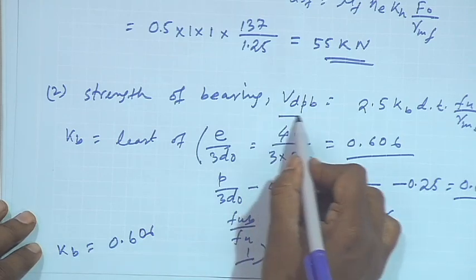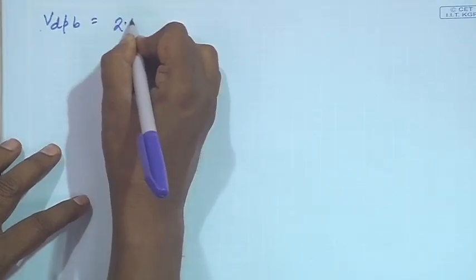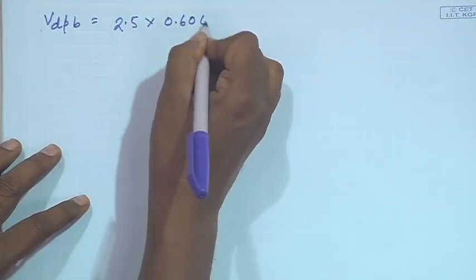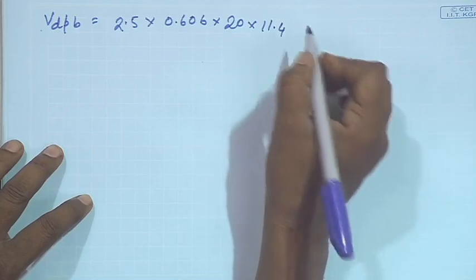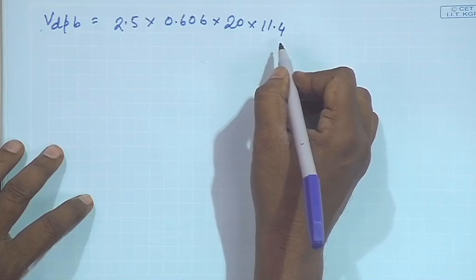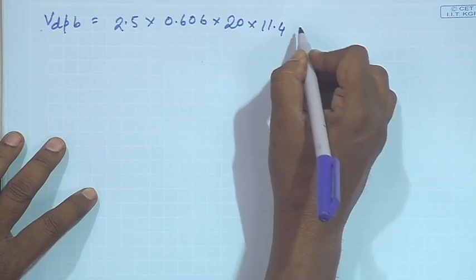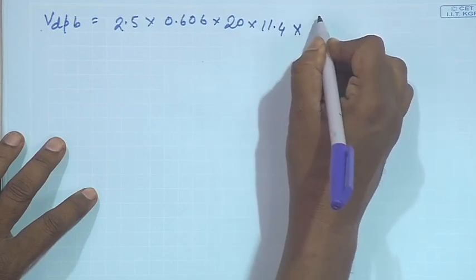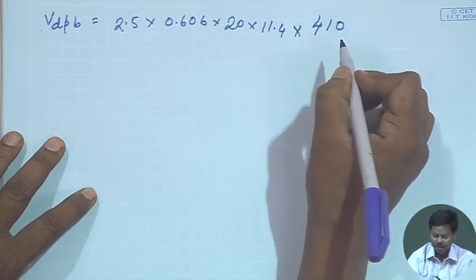Now we can find out the value of VDPB. VDPB is 2.5, kb is 0.606, d is 20, t is 11.4. This is 11.4 because the thickness of the flange of ISWB 350 is 11.4, which is less than 12. So, we take the lesser of the two thicknesses, the bracket plate and the column flange.